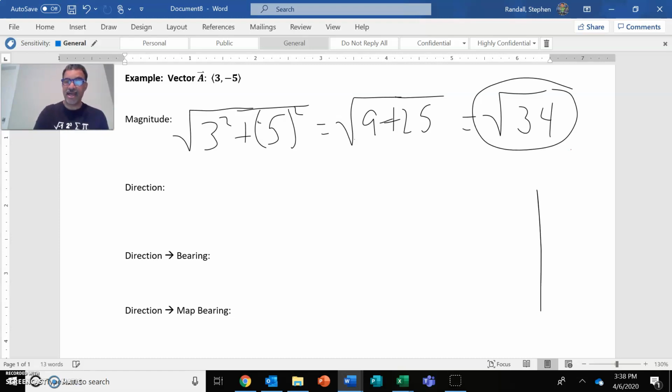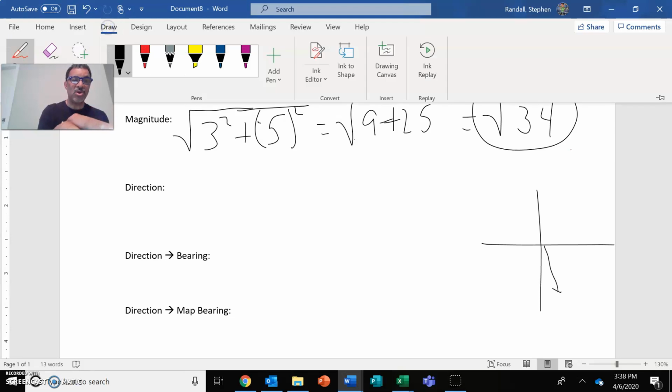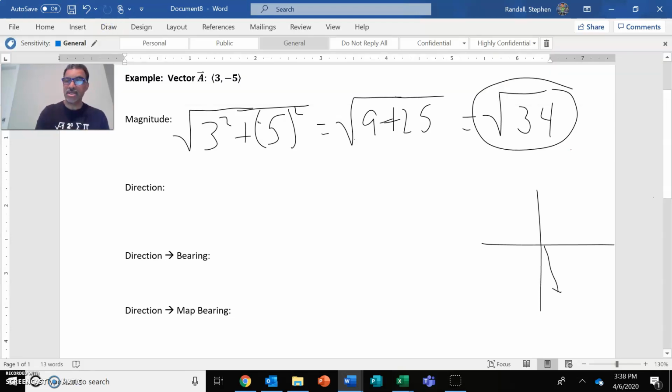So if I make my coordinate plane here, it goes over 3, it goes down 5, so it would look like that. And our direction angle would be this angle here, right?